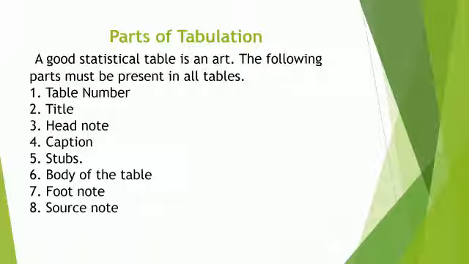An ideal table should consist of the following parts: table number, title, headnote, caption, stubs, body of the table, footnote, and source note. These are the main parts of a good statistical table.